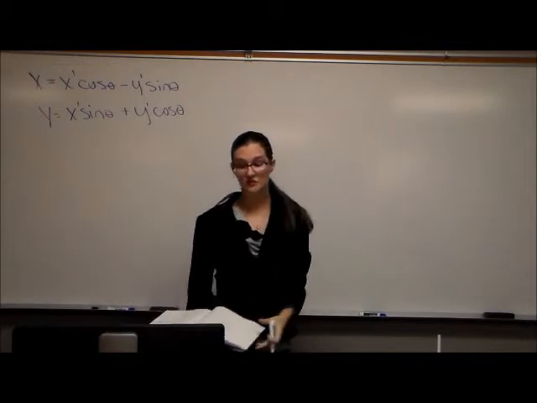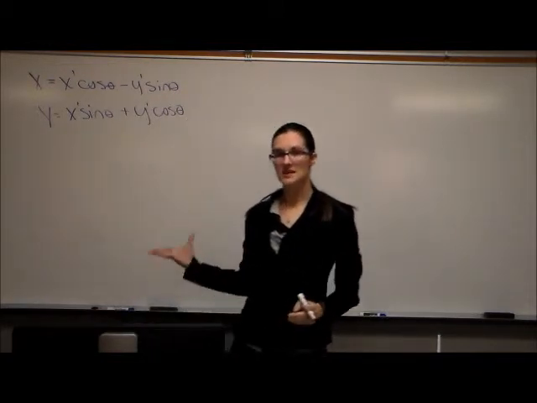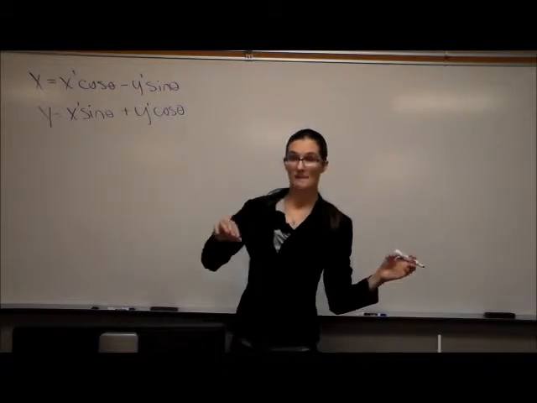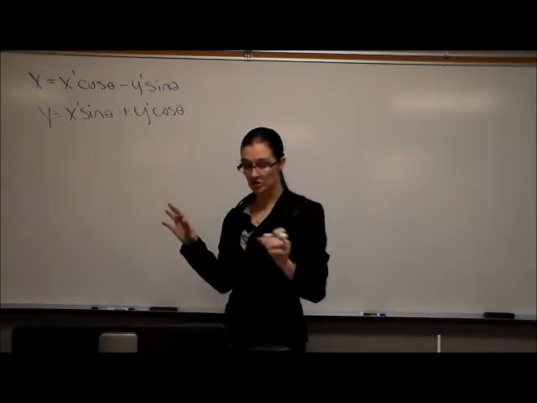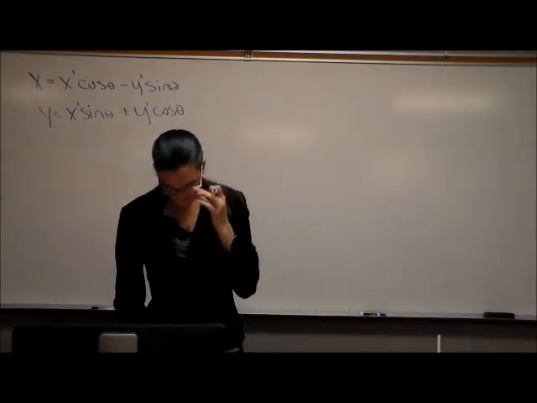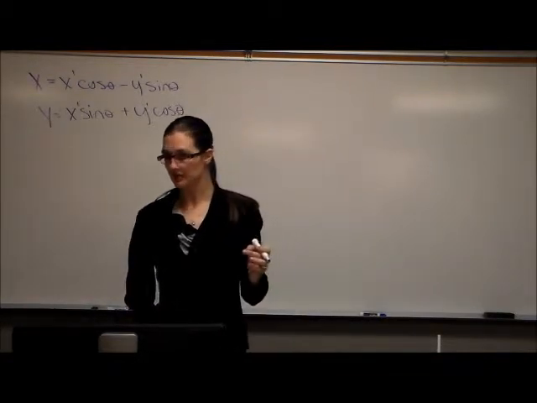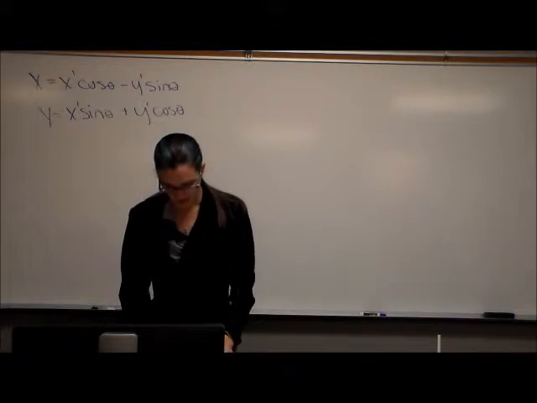So that's your rotation formulas. Again, you have to have these memorized as well. So all the formulas I've already given you, plus these, and your trig identities, your trig chart, and eventually your unit circle, will all get memorized.